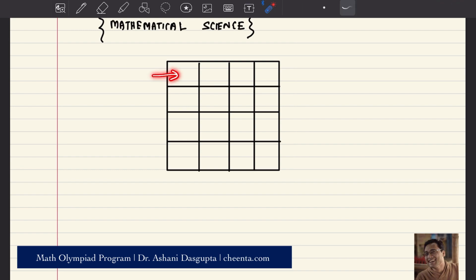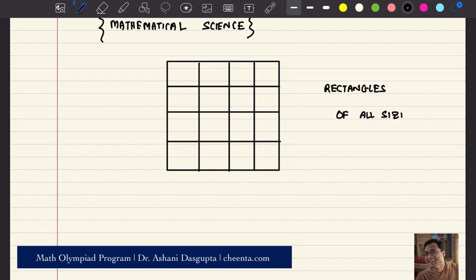So row 1, row 2, row 3, row 4, and column 1, column 2, column 3, column 4. The question is, how many rectangles are there of all sizes in this particular grid?